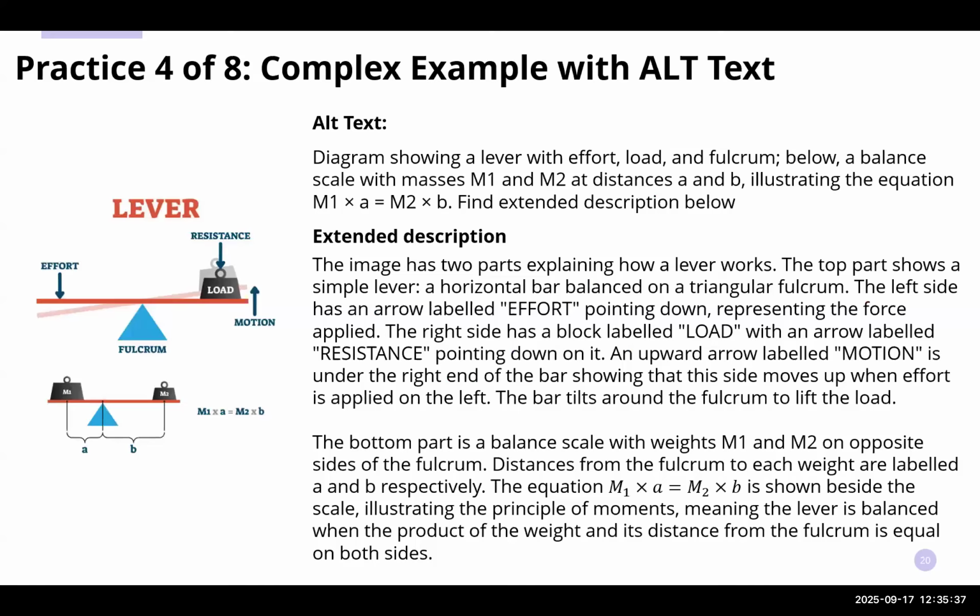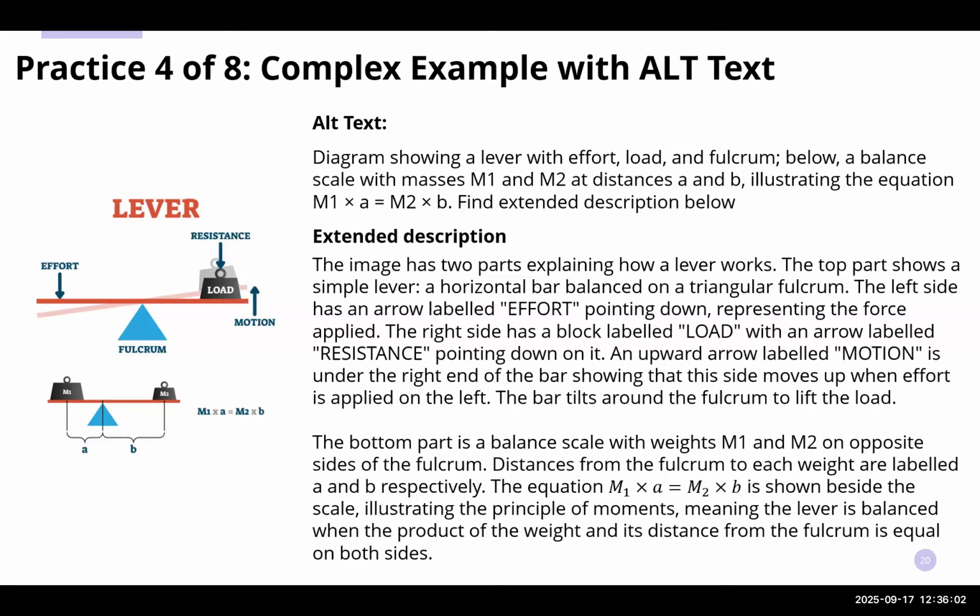So here it could be: diagram showing a lever with effort, load, and fulcrum below a balance scale with masses m1 and m2 at distances a and b, illustrating the equation m1 times a equals m2 times b. Find extended description below.